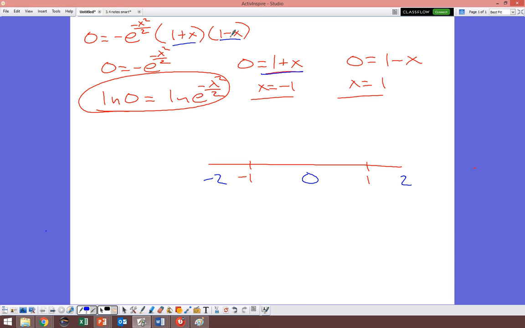For this piece, plug in negative 2, negative 2 squared. It's e to the negative. So it's negative 4 divided by 2, which is negative 2. E to the negative 2. So it's going to look like this: negative 1 over e squared right there.